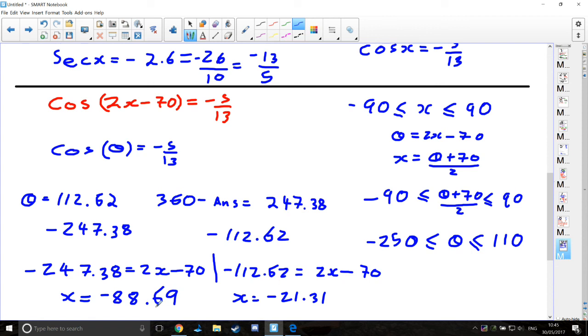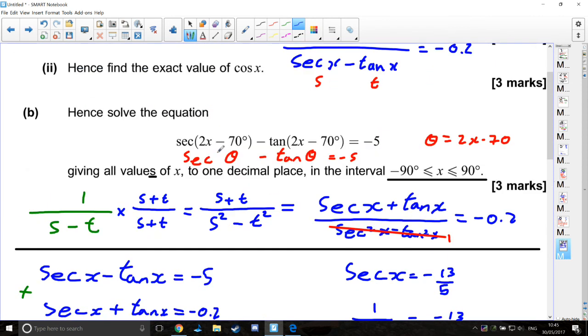Right, these are both within the range negative 90 to 90. So are they both right? Well, check them. You can sub this into the original expression that we got. That is this up here, and it doesn't work. It's not right. It doesn't solve it.